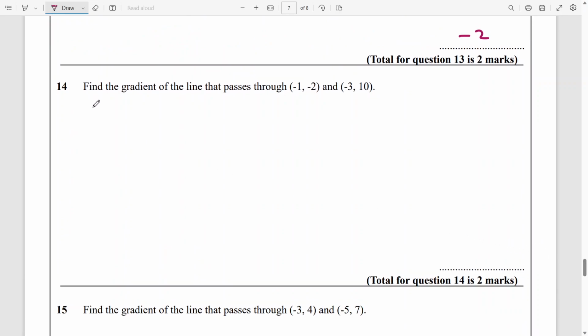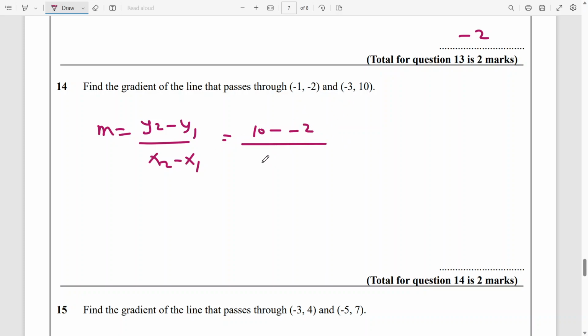And now we have another one. Find the gradient of the line passing through these two coordinates. So my gradient again is y2 minus y1 over x2 minus x1. Y2 is 10, minus y1, which is going to be another minus 2 here.